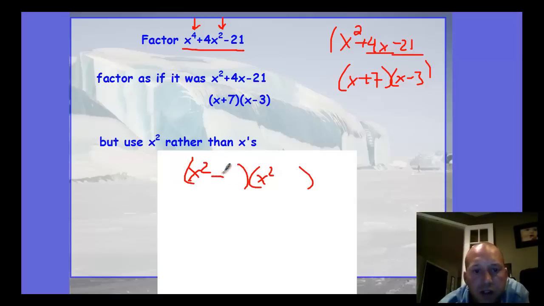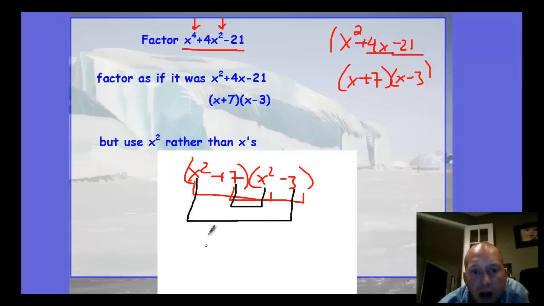And then the numbers are the same, plus 7 minus 3. Because now if you look at when you're foiling, x squared times x squared is x to the 4th, because you add the exponents. The 7 and the negative 3 is negative 21. And then you can check your OI value here. Our O, x squared times negative 3, is negative 3x squared. And our I is 7x squared. So OI is 7 minus 3, or 4x squared.